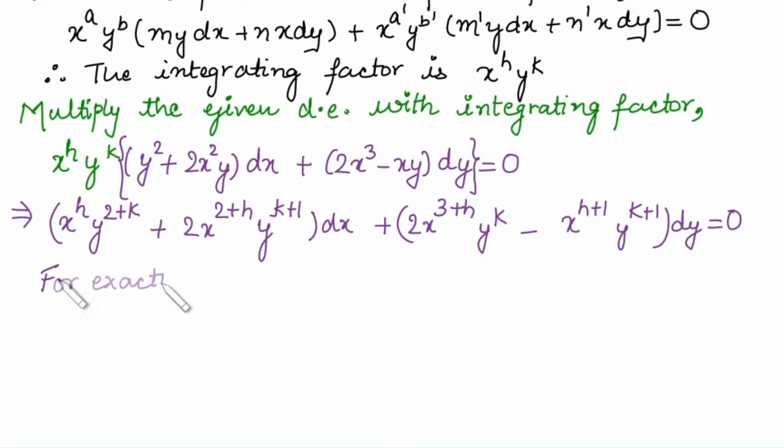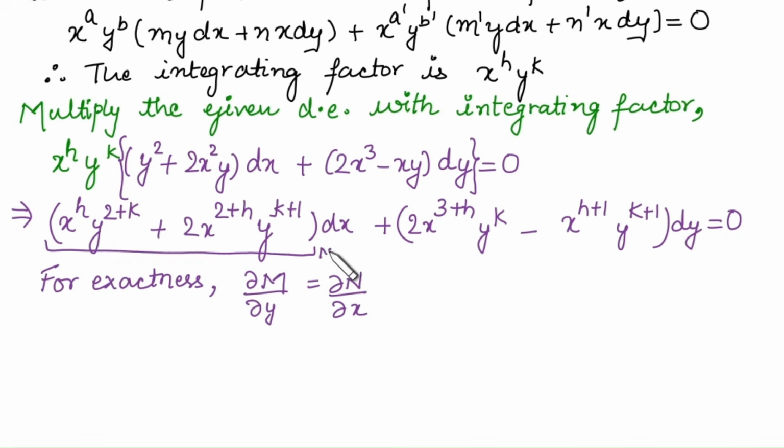Now for exactness, it must satisfy the condition that the partial derivative of M with respect to y is equal to the partial derivative of N with respect to x. So according to this, we need to take its derivative with respect to y because this is M and this is N. We need to take its derivative with respect to x. Let's calculate this.